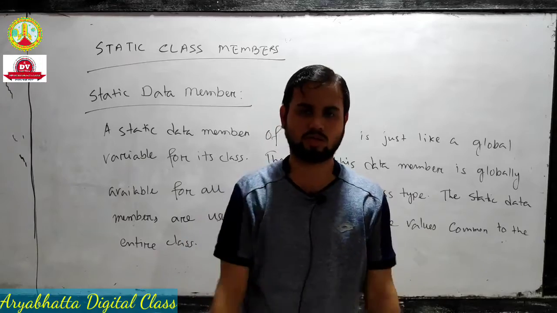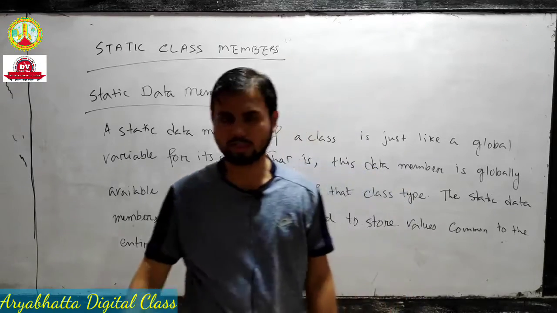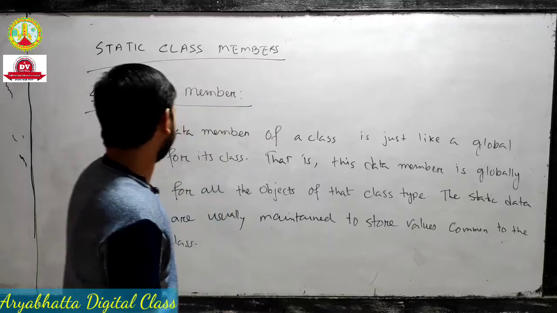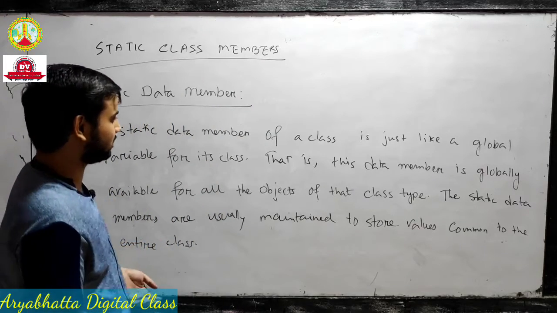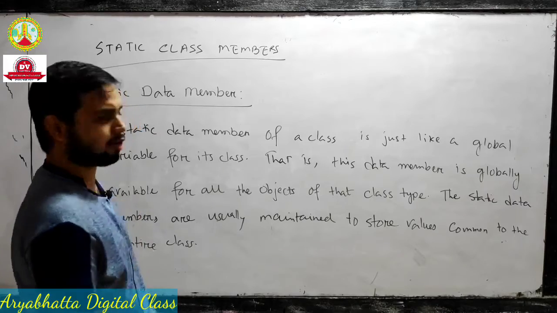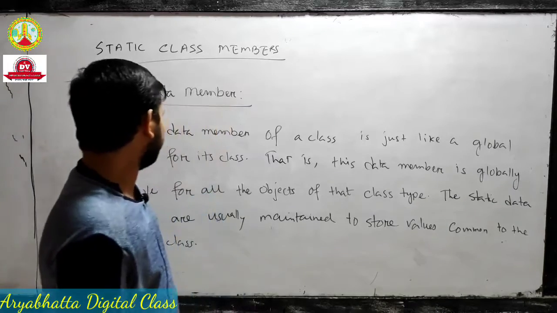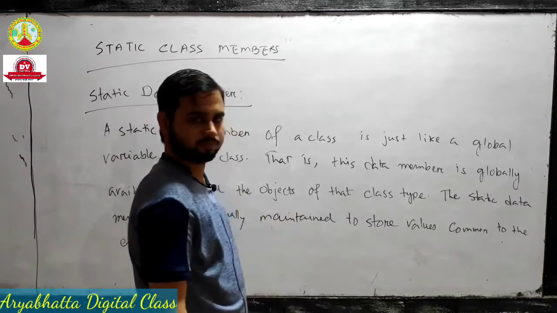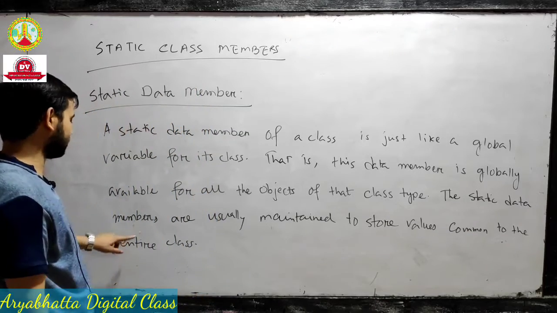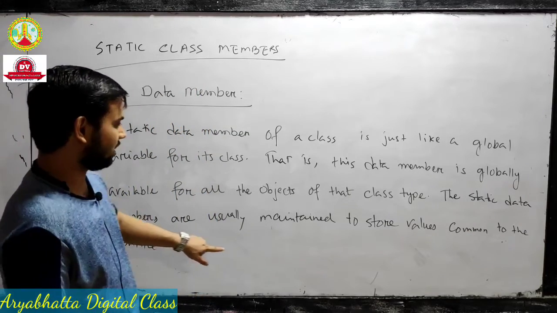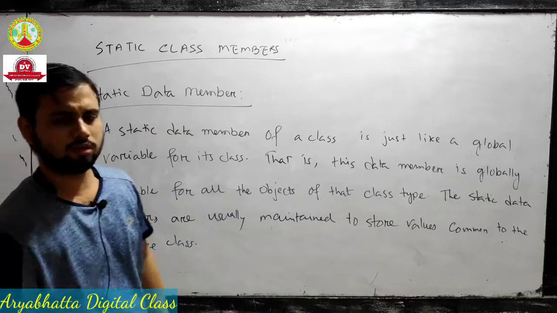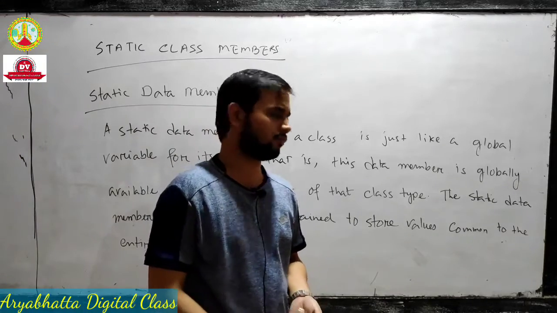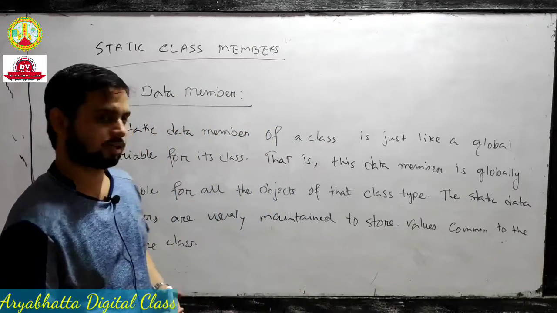What I want to say, static data member is nothing but what? It's like a simple data member, but this data member is globally available. Globally means outside the main function. Okay, for all the objects of that class type, this data member outside the main function is usually maintained to store values common to the entire class. Means it will store the value which is common for the whole class.